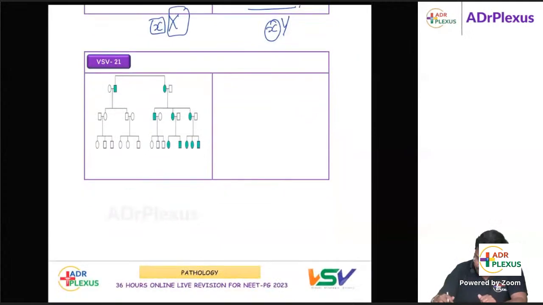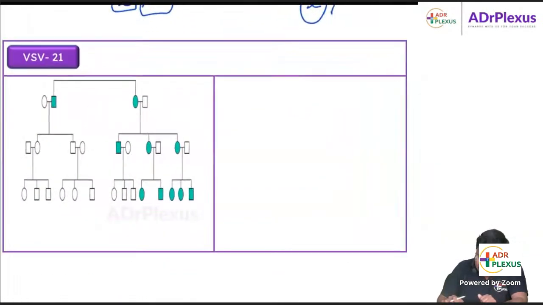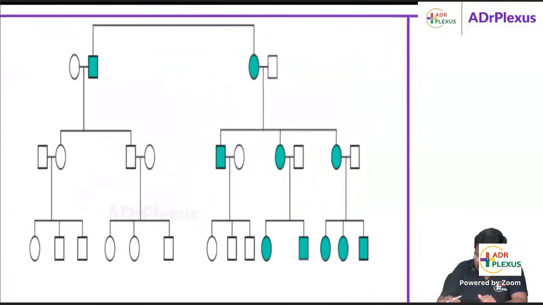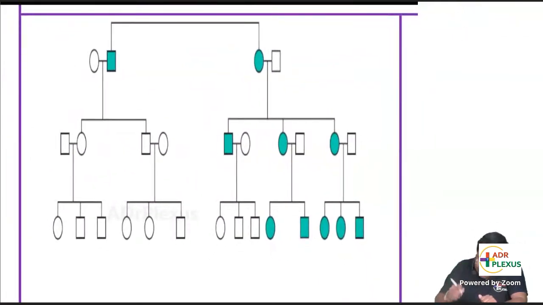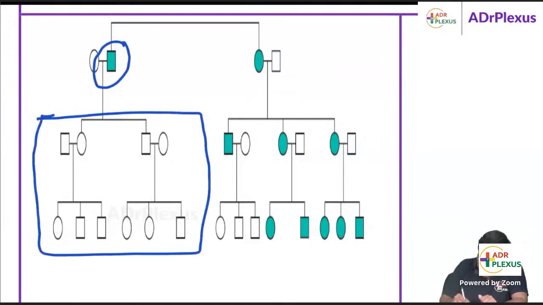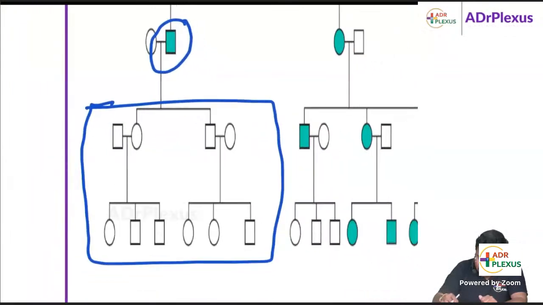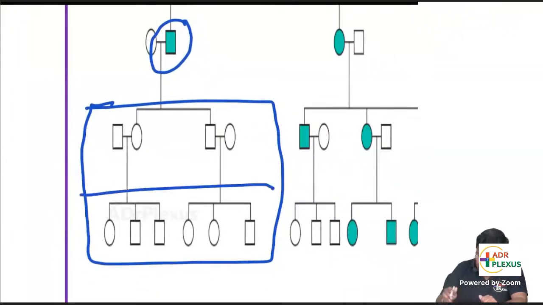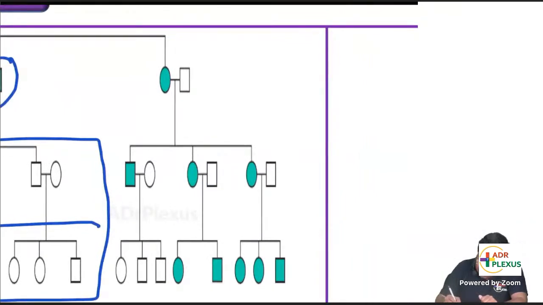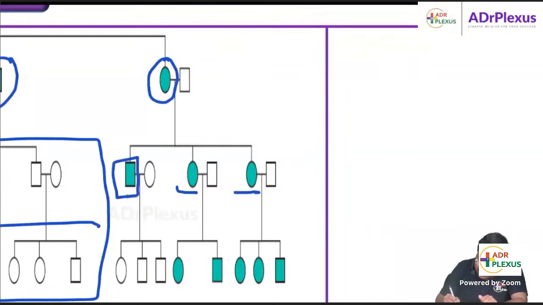Now, let us see this inheritance. An affected father is not transmitting the disease to any of the children. But an affected mother is transmitting the disease to all the children.